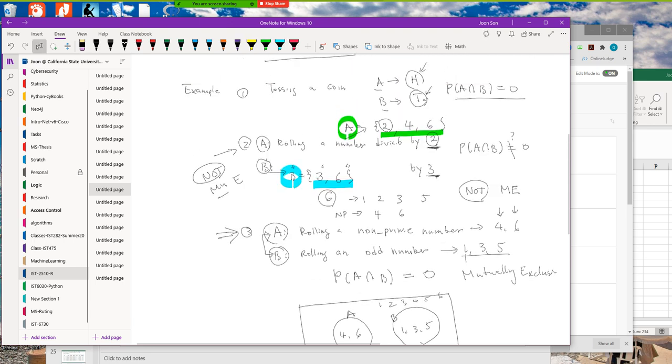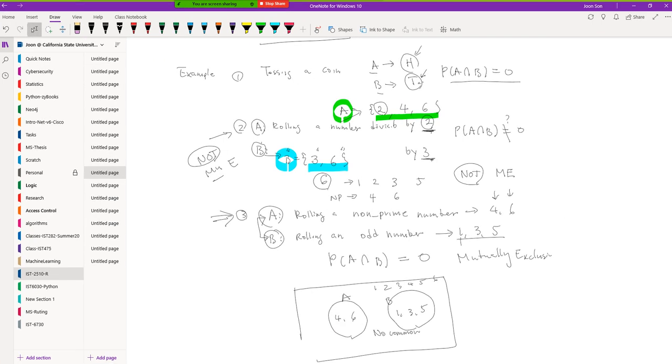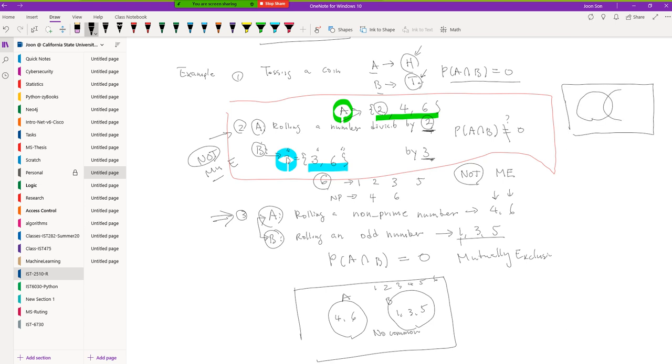So if you use the Venn diagram, I hope there is enough space for this. Yeah, I think I have enough space on the right side. Right now I'm talking about case number 2. So let's draw the Venn diagram. Event A is 2, 4, and 6, and event B is 3 and 6, right?